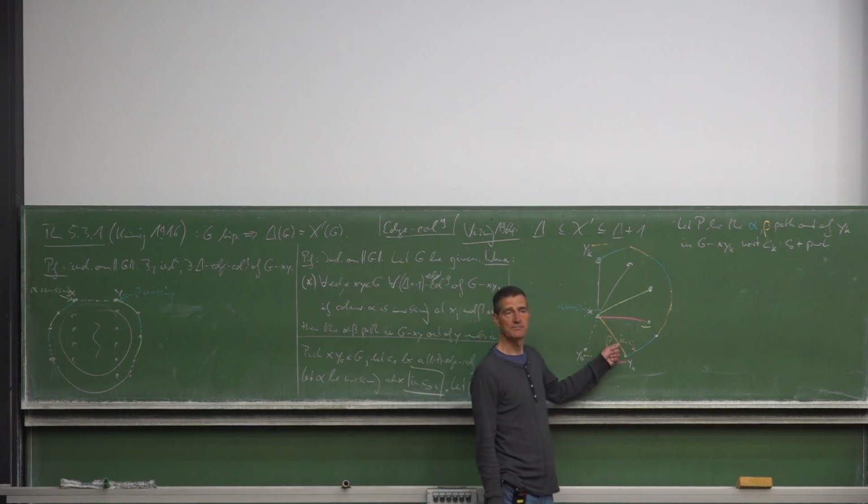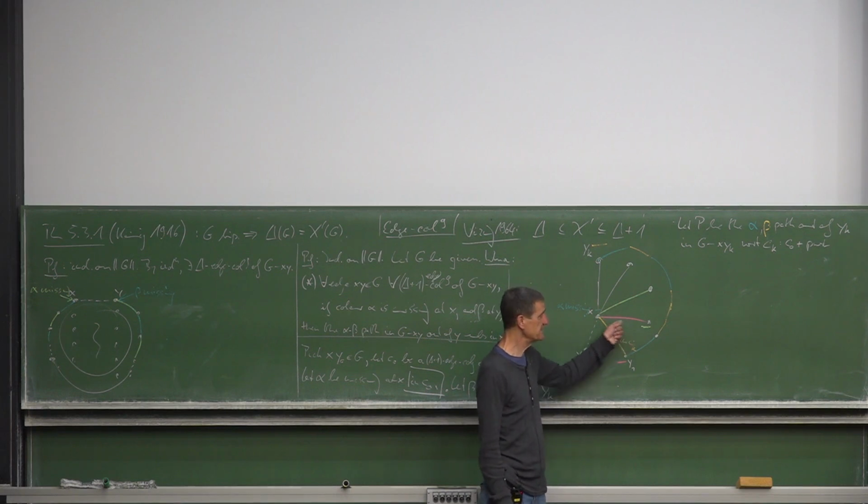Why is it colored beta in CK? Because the next edge up, and it exists. I mean, it might be this, but it exists. The next edge up is colored beta in C naught. That's how this got its color in this pushing down thing in CK.